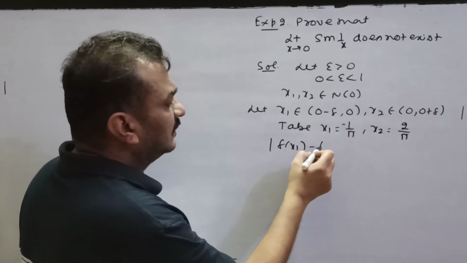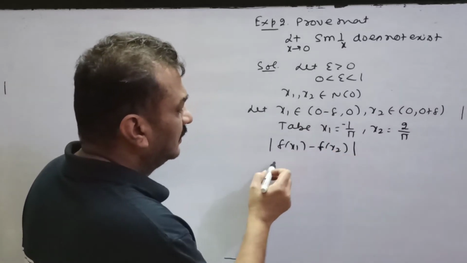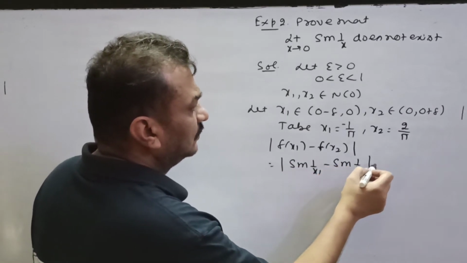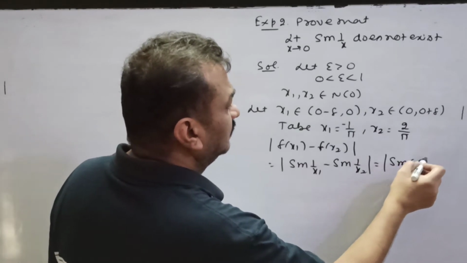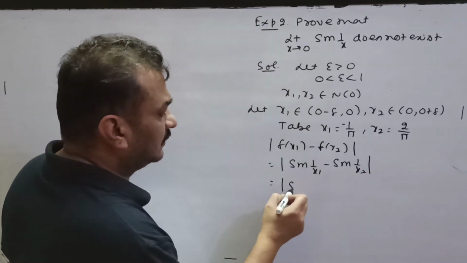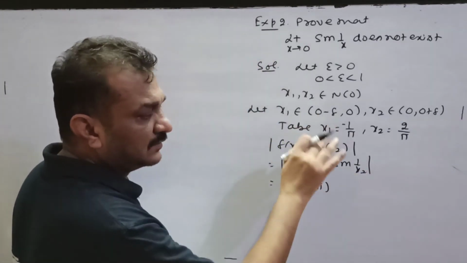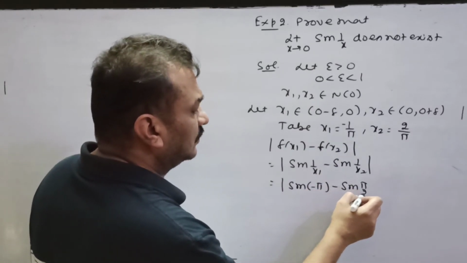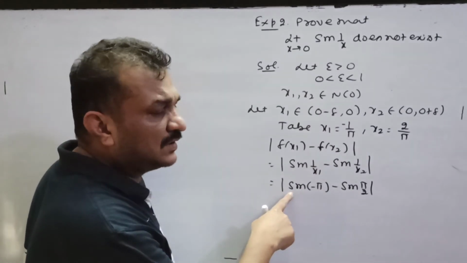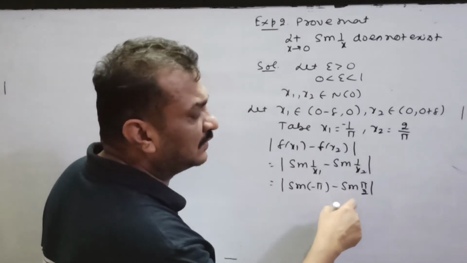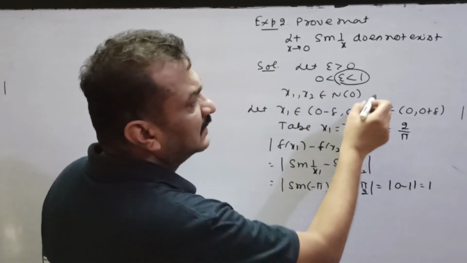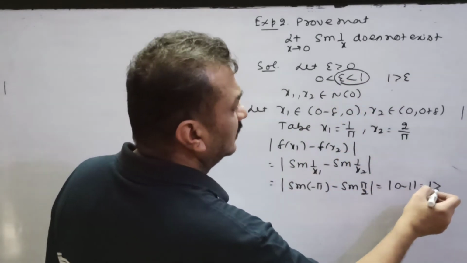f(x1) minus f(x2) equals sin(1/x1) minus sin(1/x2), which is sin(minus pi) minus sin(pi by 2). Now sin(minus theta) is minus sin theta, so sin pi equals 0, and sin pi by 2 equals 1. So 0 minus 1 gives 1 in magnitude. We choose epsilon less than 1, so 1 is greater than epsilon.